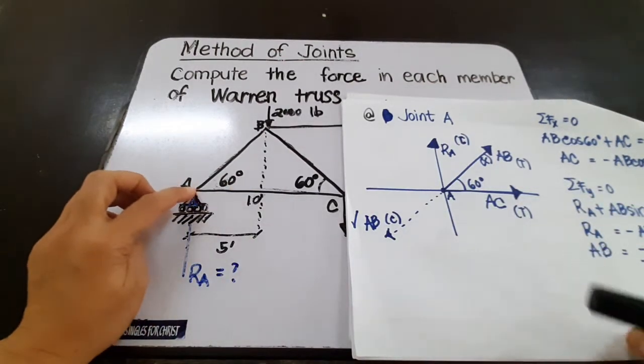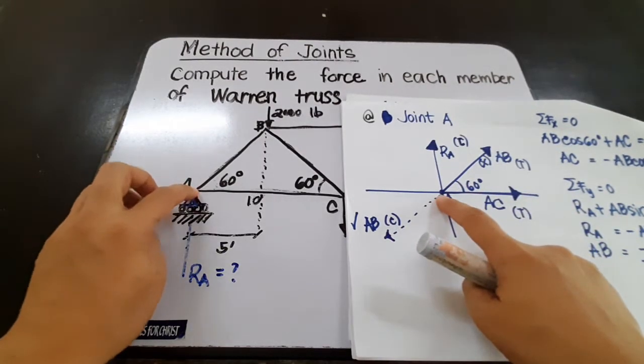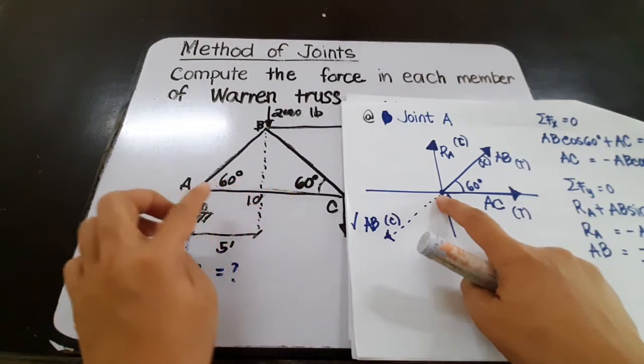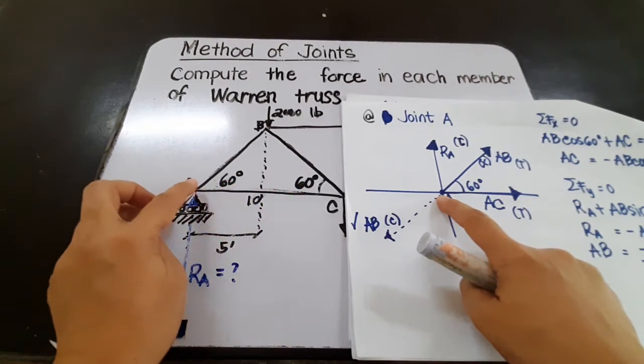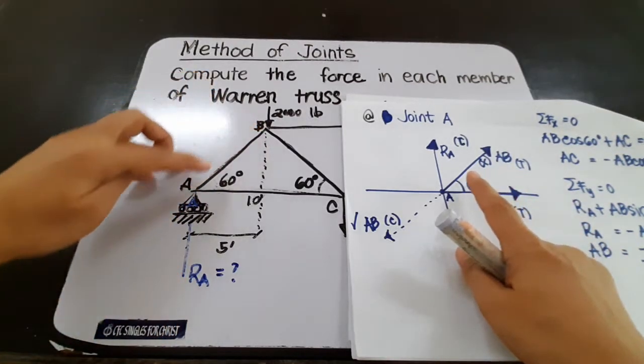So it means that the force is acting away from point A. So since our member is here, it's acting away from point A, so it's tensile. And we assume also that AB is tensile, so it's acting away from point A.